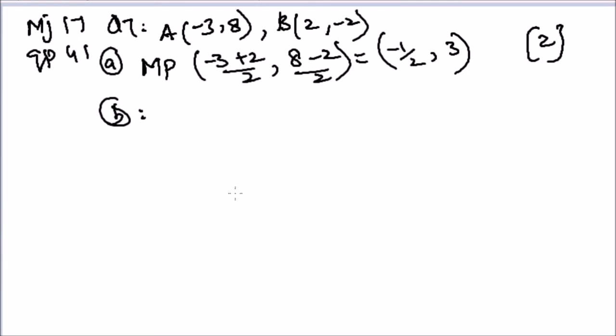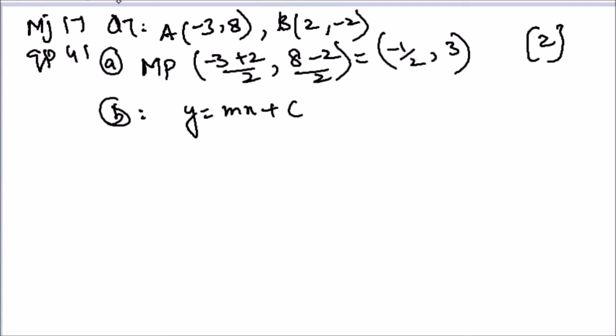Part B: find the equation of the line AB. Give your answer in the form y equals mx plus c. Very simple question. To get the equation of this line AB, we first need the value of m.